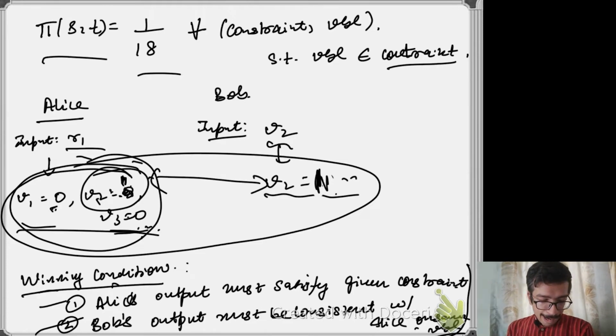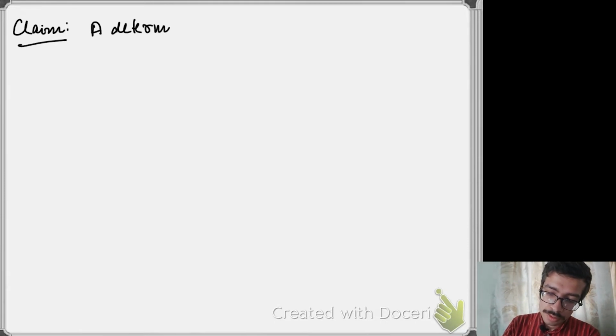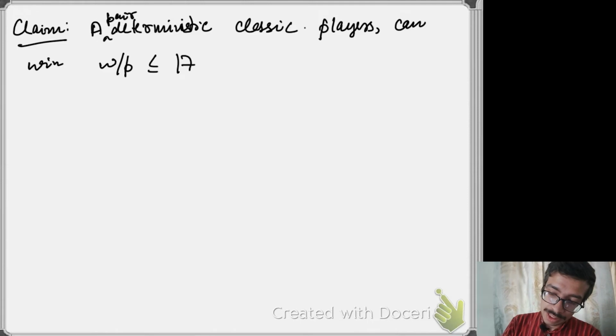Okay, and our claim is that a pair of deterministic classical players can win with probability at max 17 by 18.